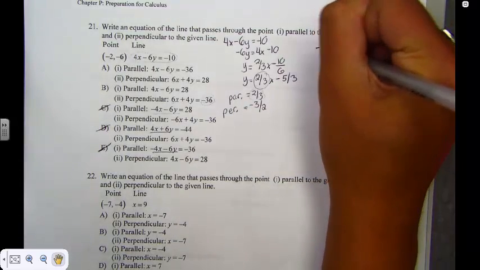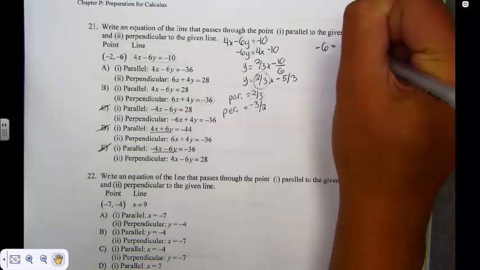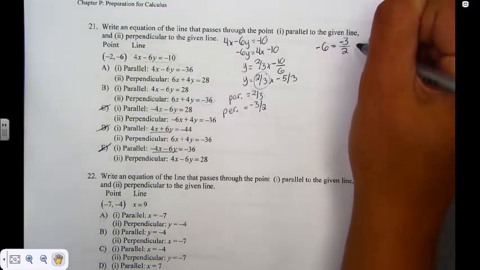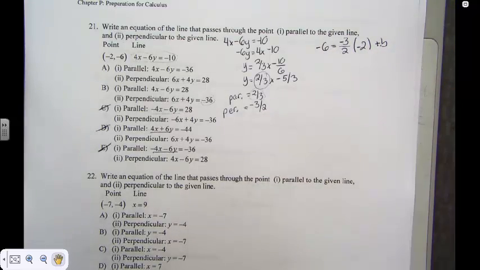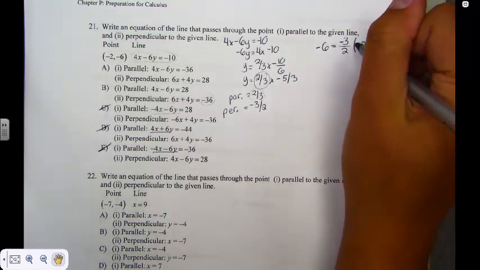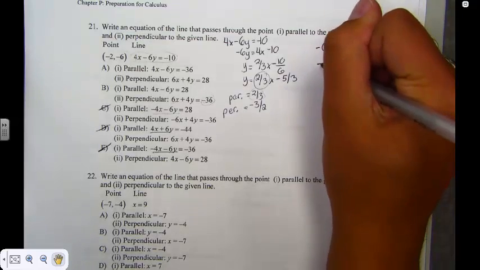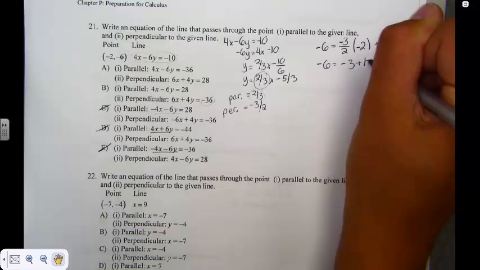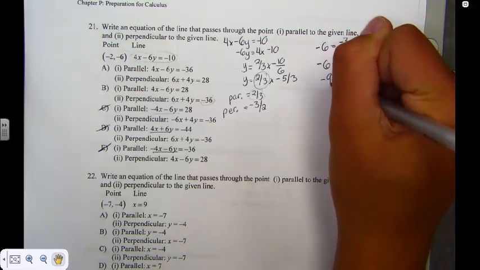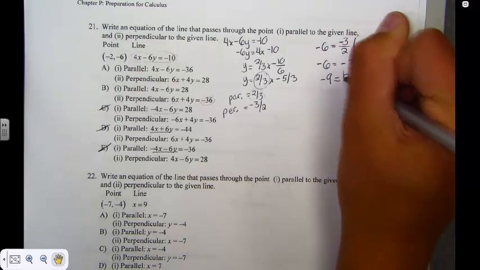So we'll take negative 6, because that's our y, equals negative 3 over 2 times negative 2 plus b. This is for our perpendicular line. So then we'll multiply it out, and we'll get negative 6 equals negative 3 plus b. So negative 9 equals b.